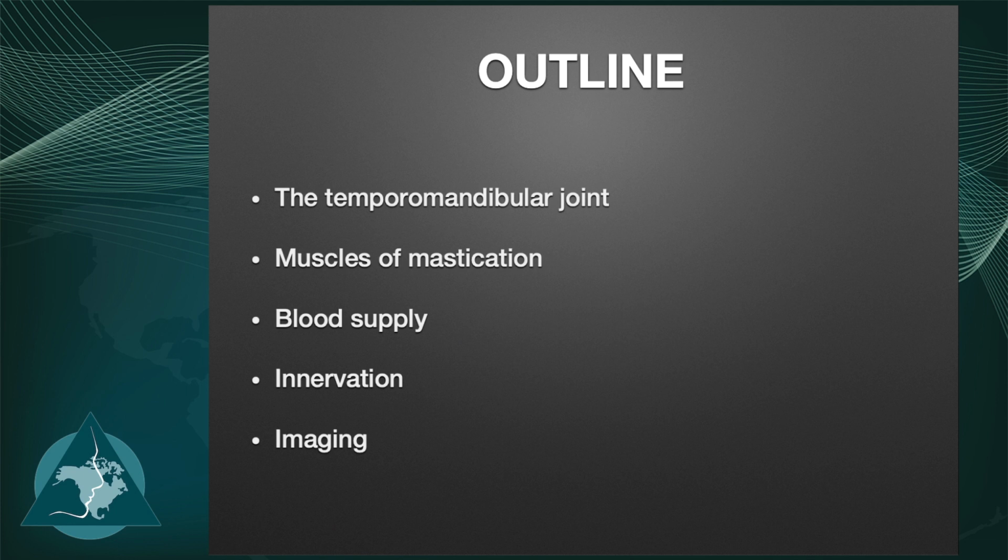Like, what do I have to be worried about if I stick a needle here, for instance? I think that's an important thing. And then we'll get into imaging. Do I just send every patient for a CT? Do I send every patient for an MRI? What's the workflow? When do we send for an MRI, CT, cone beam CT, panoramic, and so forth? So we'll talk about what we think about in making that decision.